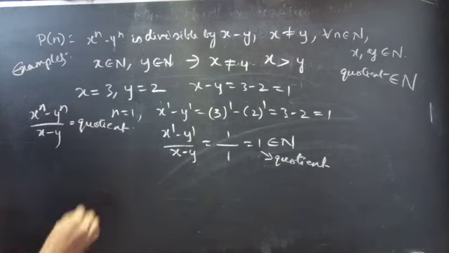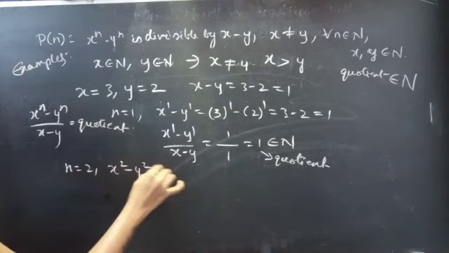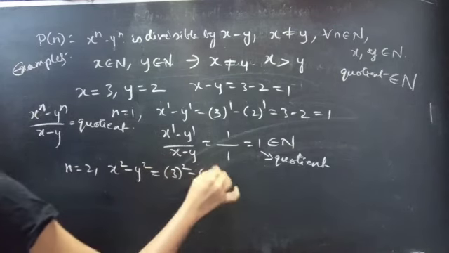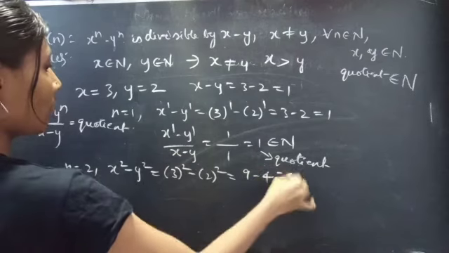Now when n equals 2, x square minus y square equals 3 square minus 2 square, which is 9 minus 4, equals 5.